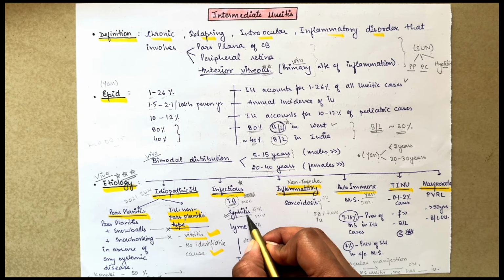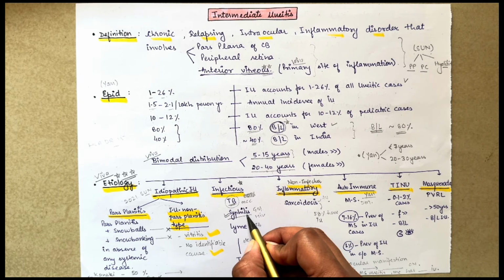PVRL is primary vitreoretinal lymphoma or any intraocular malignancy. So this part you must not miss in intermediate uveitis, even while writing exams or giving your Viva. So you remember this much for etiology. I believe I must say that this is more than enough.